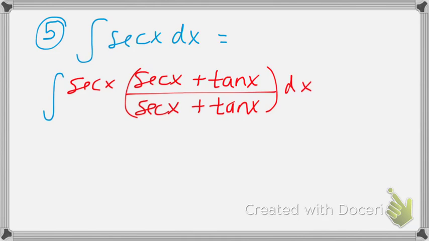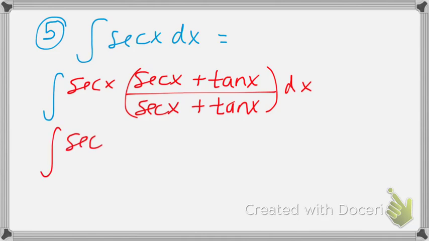Where does that come from? Well, somebody's realized that if they do that, it'll work it out, and you'll be able to solve it. Okay? And secant of x plus tangent of x over secant of x plus tangent of x is 1, so I've not changed the problem. Okay? So what you do next is multiply out the top. Alright?